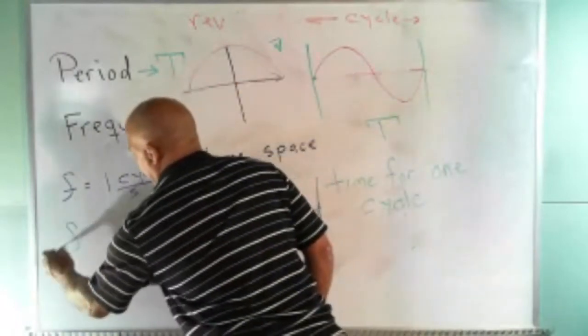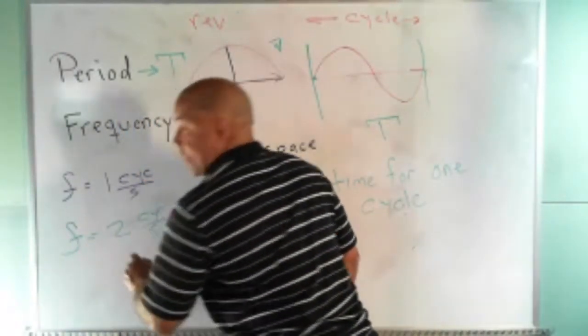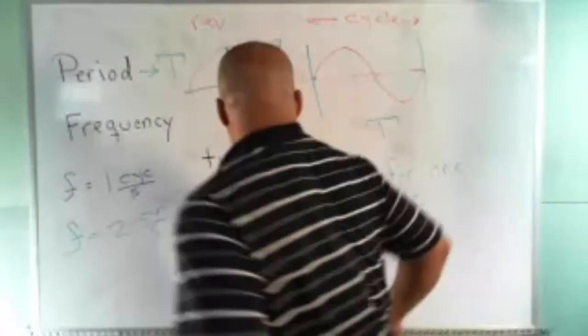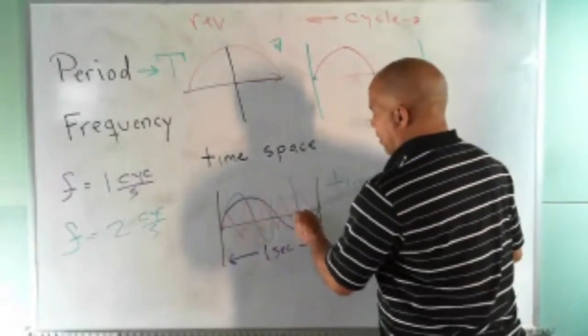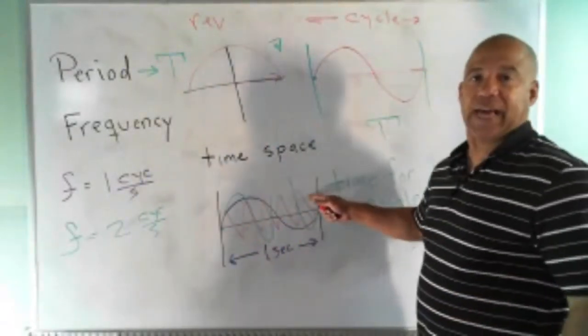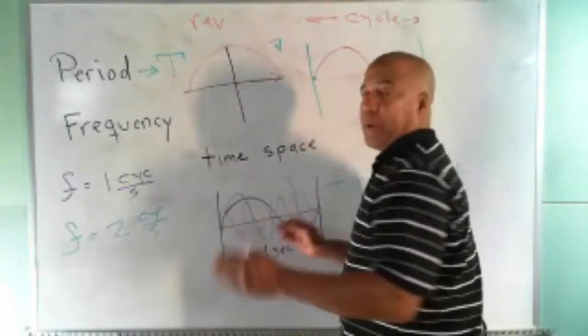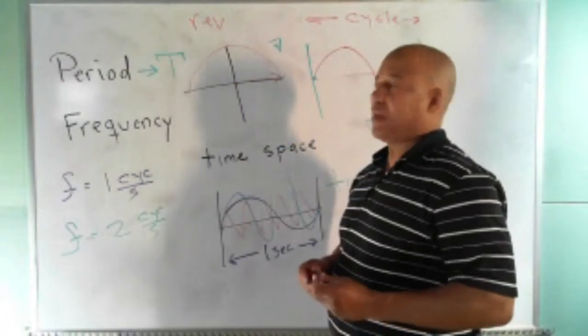That frequency is 2 cycles per second. So the more of these things I have in there, I might have something like this. That's a lot of cycles per second. So in time space, I want to see how many cycles appear in 1 second. That's how we think about frequency.